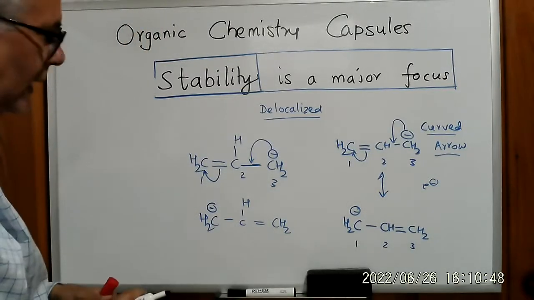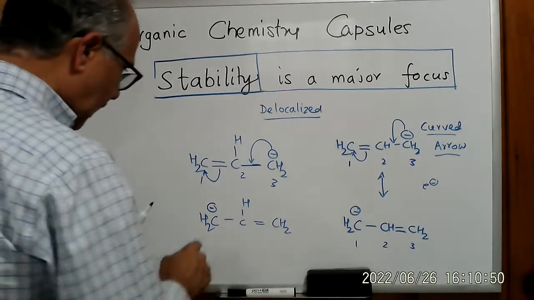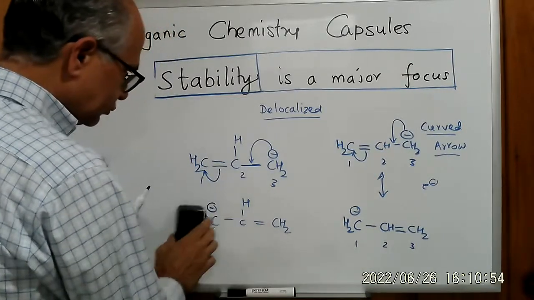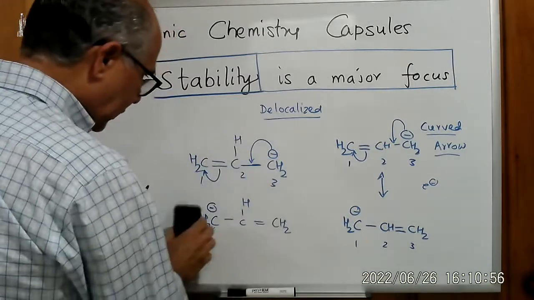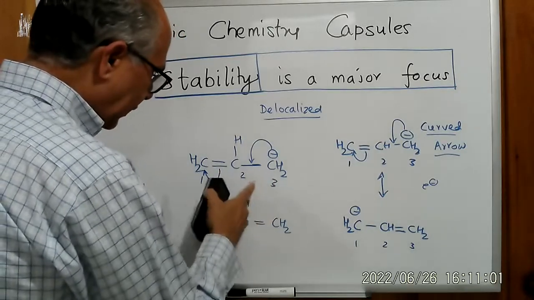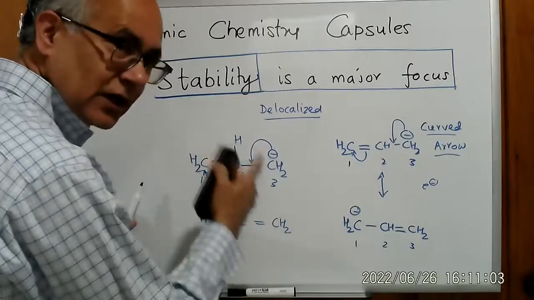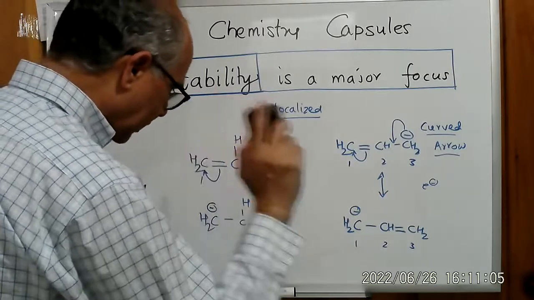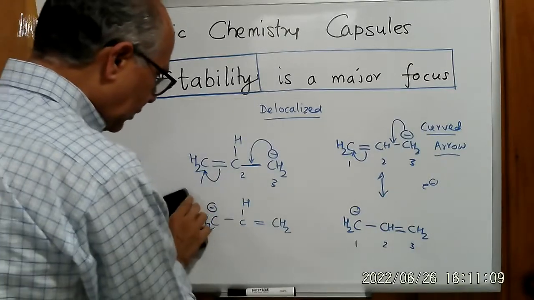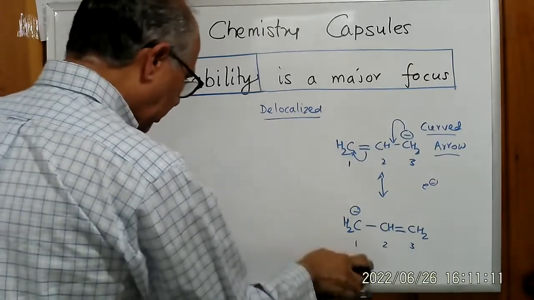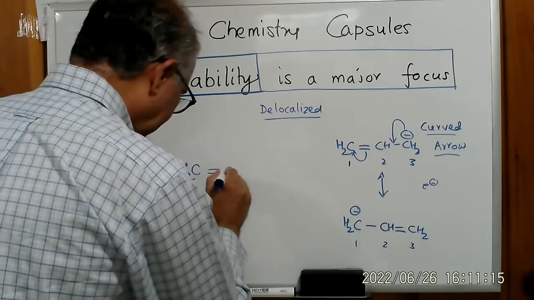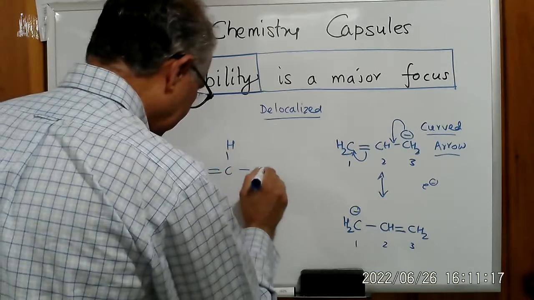Okay, so you got this. Now you may ask, instead of moving the double bond, can I move the carbon hydrogen bond? Okay, I'll show that. So now you get why we are moving this, to satisfy the valence of carbon. Carbon needs to have 4. Now you can move double bonds, that's fine, but if we go to another point, let's just say here.